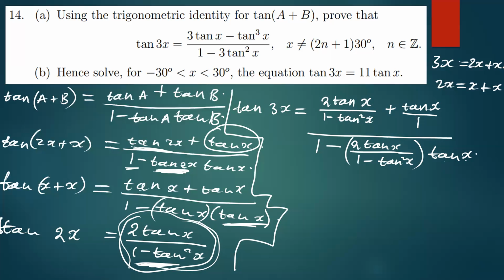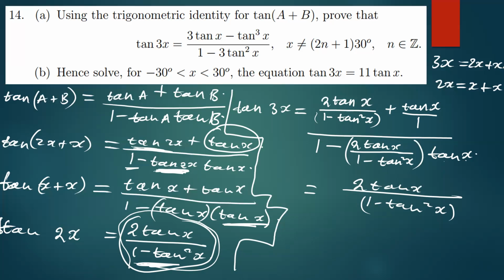Let me start with simplifying the numerator. You find the common denominator, which will be 1 minus tan squared x. So 1 minus tan squared x over 1 minus tan squared x is 1, and 1 times 2 tan x gives 2 tan x.